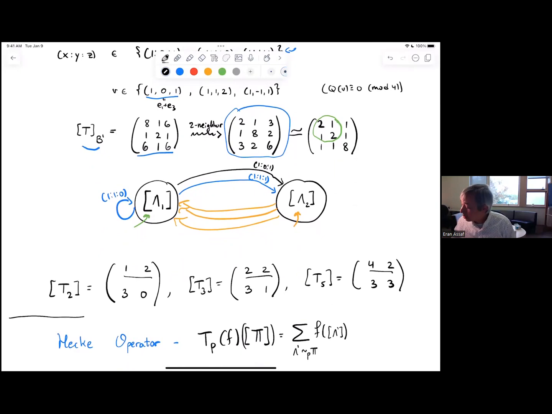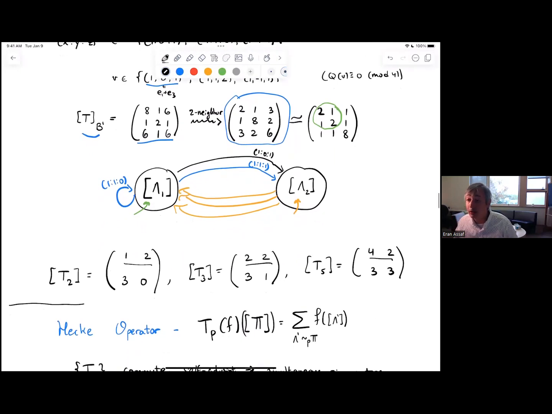And this gives us a notion of a Hecke operator on this space of modular forms. And the Hecke operator is just acting on a function by summing over all the p neighbors. And again, if we replace the function by the characteristic function of a lattice, then we get these adjacency matrices.